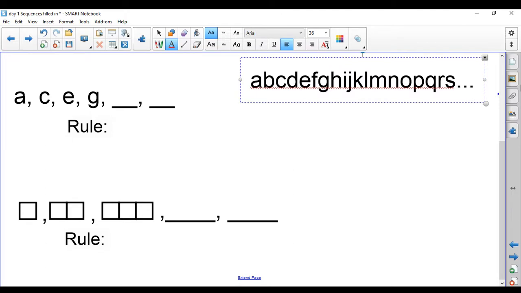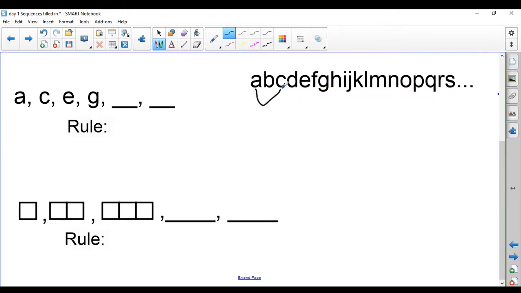So if I look at the alphabet, this one starts with A, then goes to C, then goes to E, then to G. I can see that what's happening is I'm skipping one letter each time. So after G, I would skip the H and go to I. And after I would skip the J and go to K. So those are my next 2 letters, I and K.